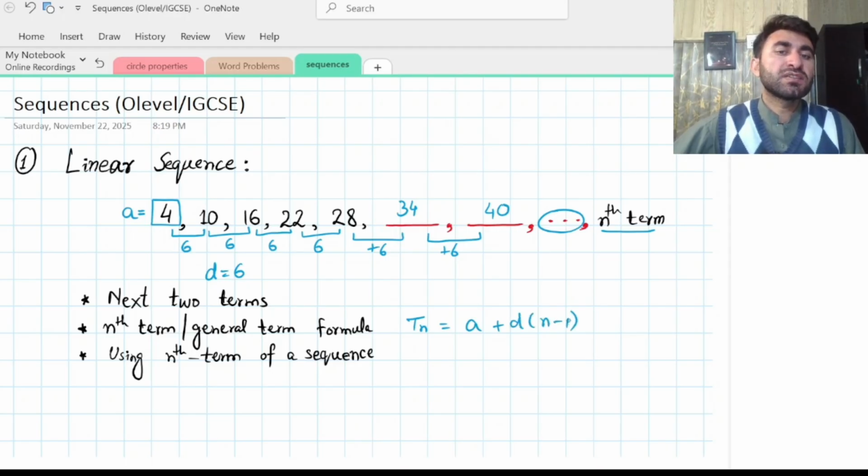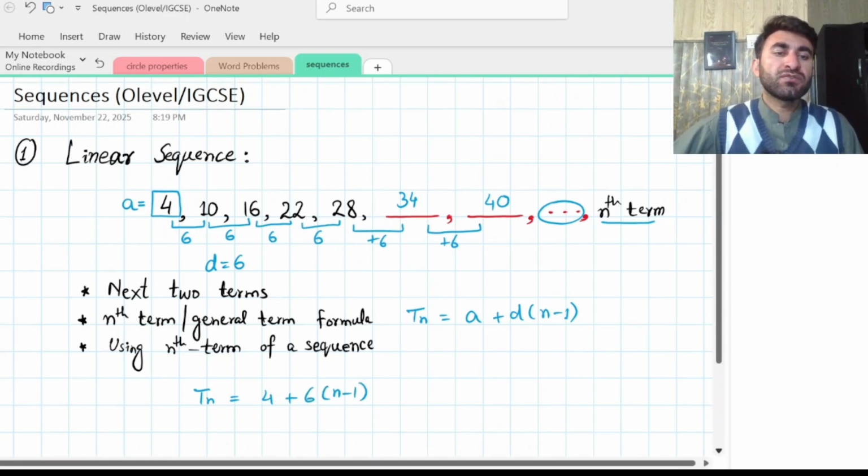This is the general formula for any linear sequence. As we have the values of a and d, just replace the values here. So the nth term formula becomes 4 plus 6 times (n minus 1).